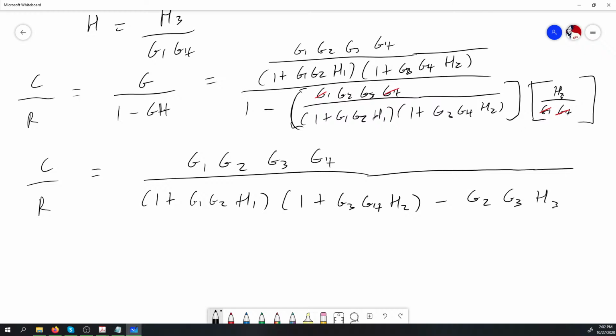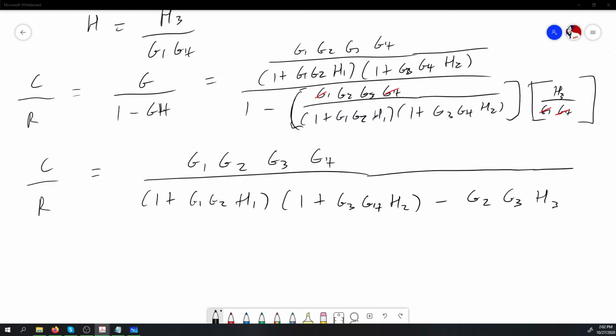If we do some more math, we can get an even more expanded form, or we can keep it in a simplified form, which is perfectly acceptable as such.